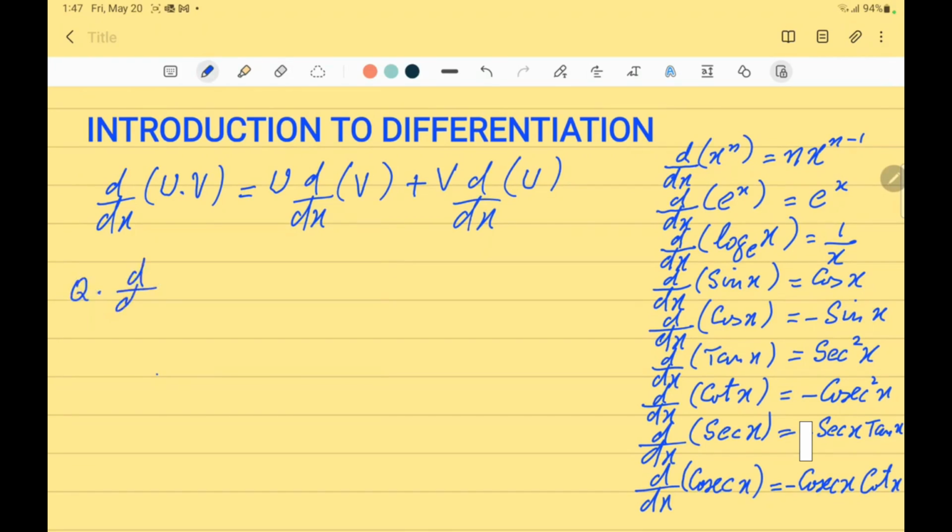d by dx of e to the x multiplied by cos x.